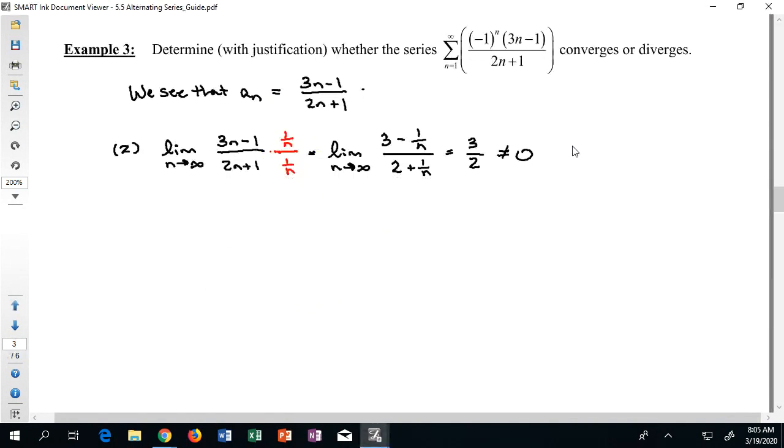Let's take a look and see how the test for divergence could actually be useful here. Again, since I have things that are going to be alternating between negative and positive items, and I can see that the limit of that stuff turns to 3 halves without the negative, then I might be able to argue the following. First, I'll write here, just as a quick reminder, we see that alternating series test does not apply.